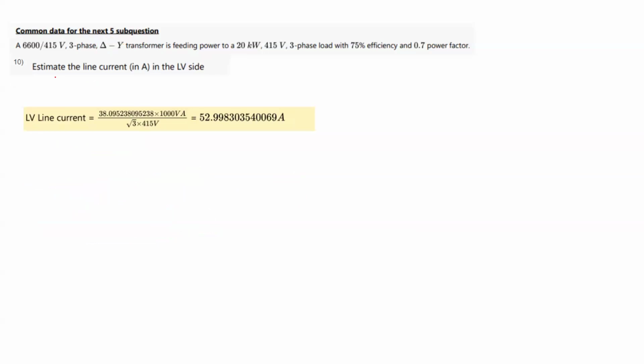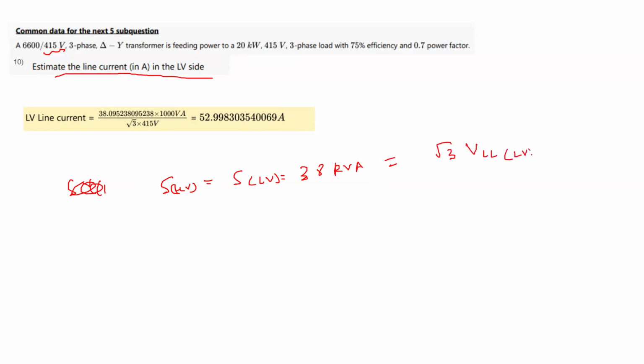In the next question, we have to estimate the line current in the LV side. First of all, the kVA rating on the HV side is the same as the kVA rating on the LV side, which we calculated in the first question of this part. So this is 38 kVA, equal to root 3 V line-to-line LV times I line LV.